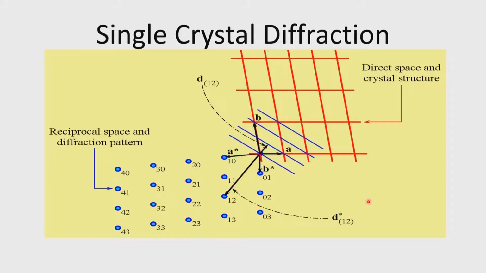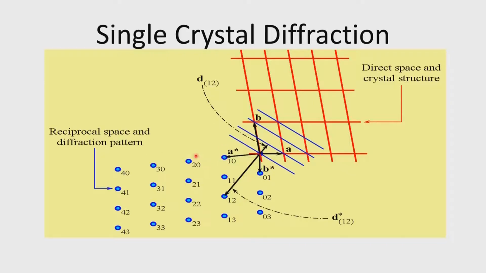Now, we discussed a little bit of this diagram yesterday, but we will redo that, in the sense that we have to now consider the relationship between the direct space and the crystal structure and the reciprocal space and the diffraction pattern. Now, this is a factor which is of crucial importance, because what we will observe from a diffraction experiment are these reciprocal lattice points.